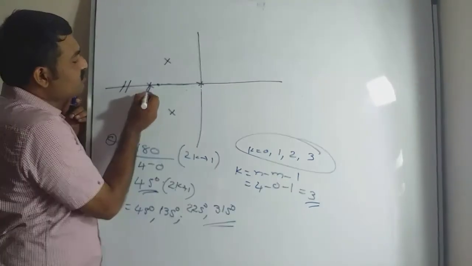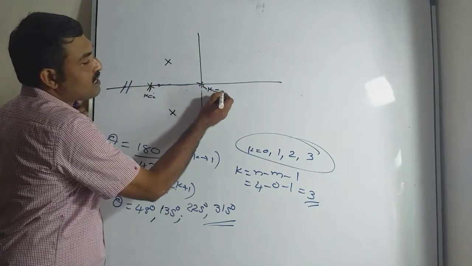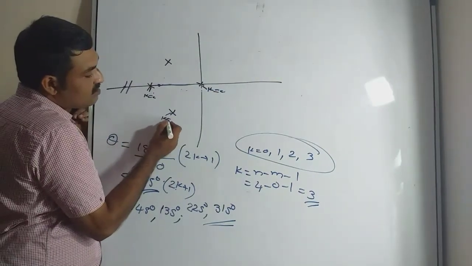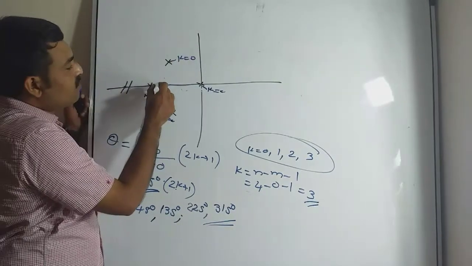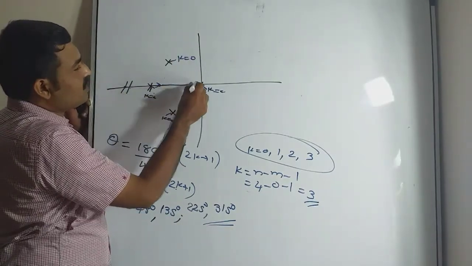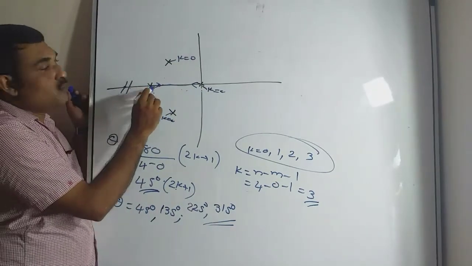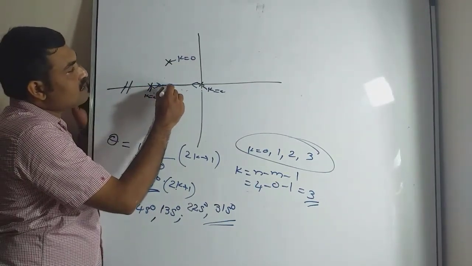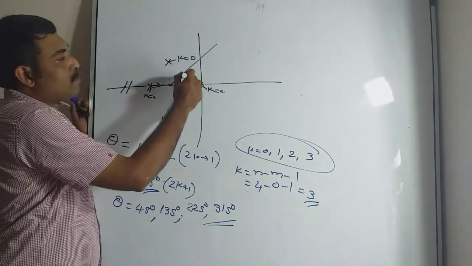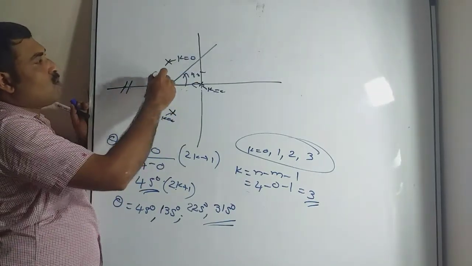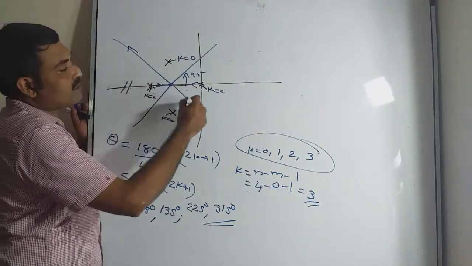The root locus starts with k equal to 0 from this pole, also from this pole at k equal to 0. Here k is equal to 0, and at this point k is equal to 0. This branch will move like this, and this will move and meet at this point. The angles of asymptote are 45 degrees, 135 degrees, 225 degrees and 315 degrees.